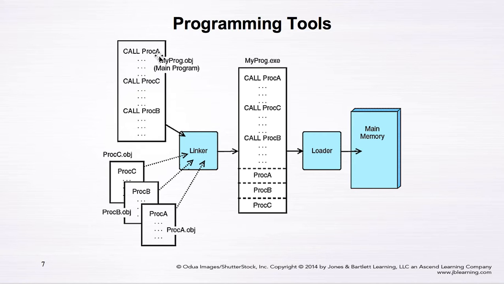For example, procedure A is represented in a different module right here. The linker combines the main program with the external modules into a unified program that goes through the loader and is loaded into main memory for execution. So that's the task of the linker.